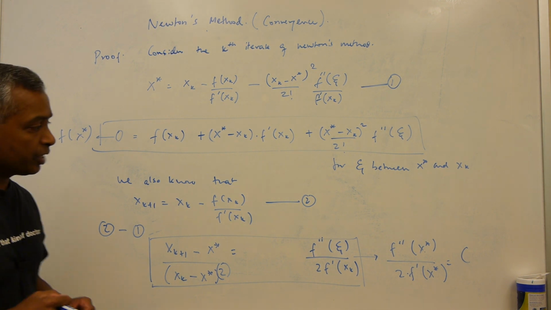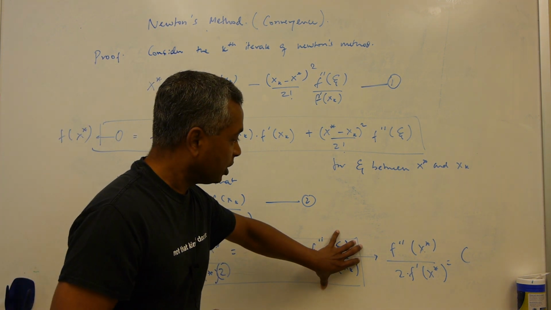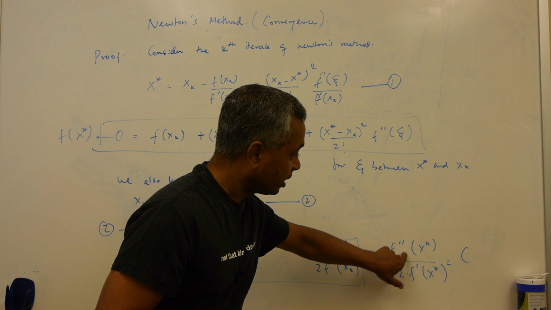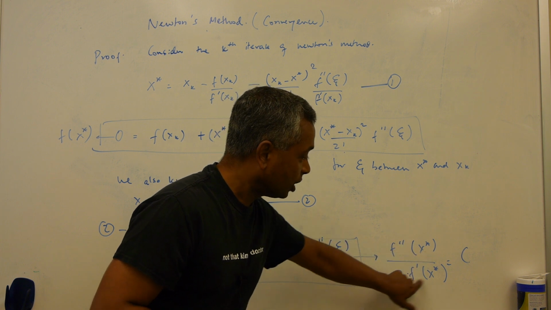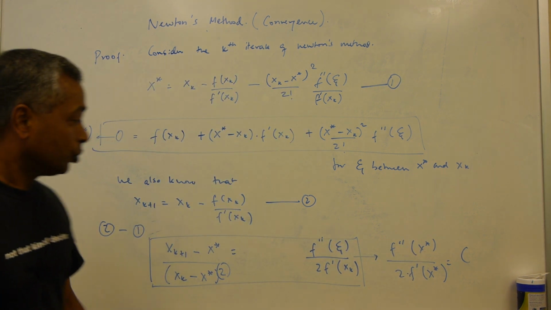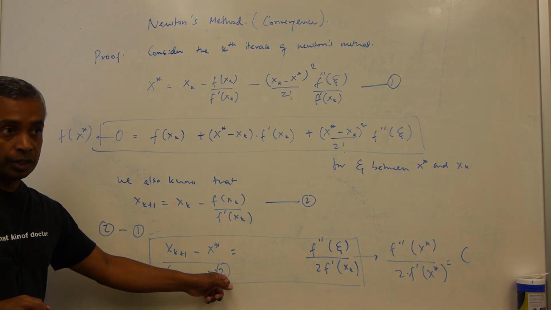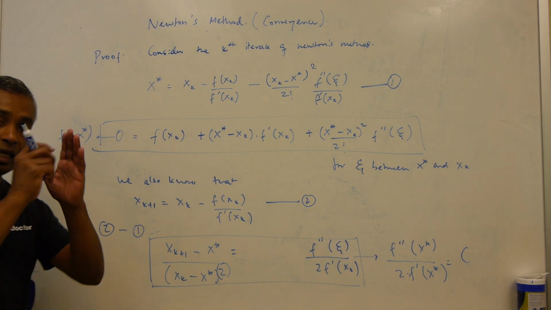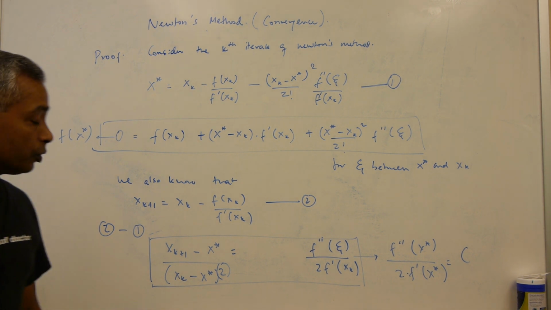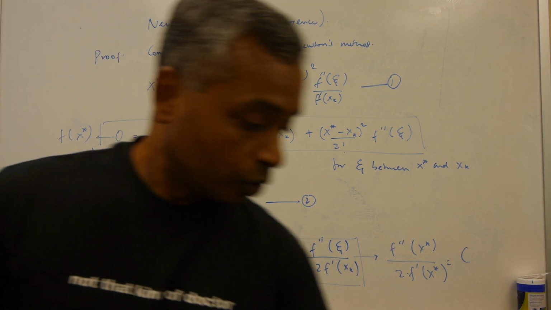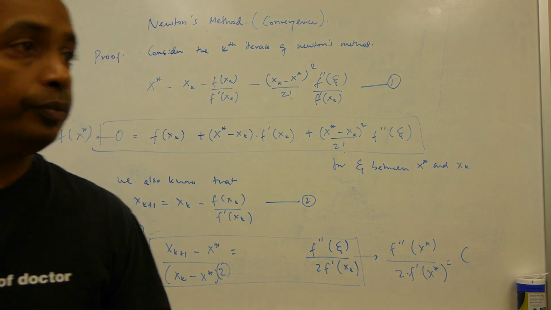But for the purpose of this lecture, I'm going to note that this quantity tends to the second derivative at the solution divided by 2 times the first derivative at the solution, and from there you immediately get the order of convergence to be quadratic. So what we've learned is in the neighborhood of the solution, Newton method gives you quadratic convergence.